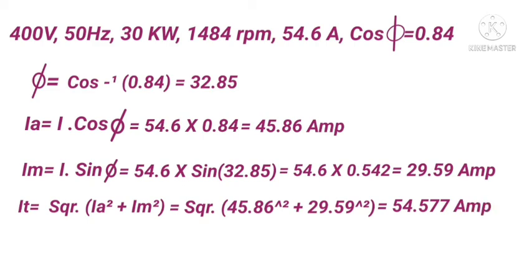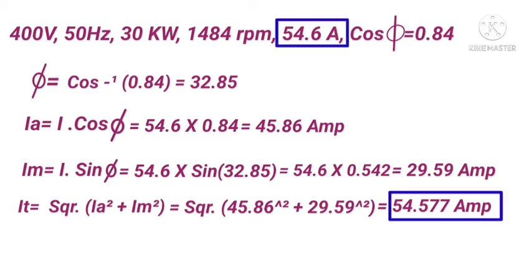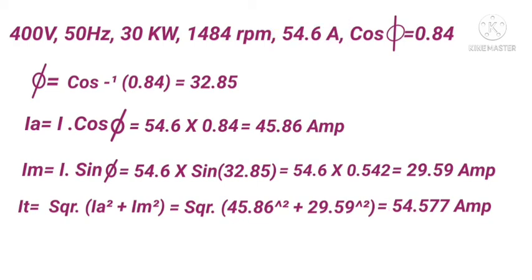Here we can see that it's exactly the same value that was given as the rated current on the motor nameplate. So the rated current we decomposed into two components, and again composed into a single component, and we have seen that it comes to the same value.